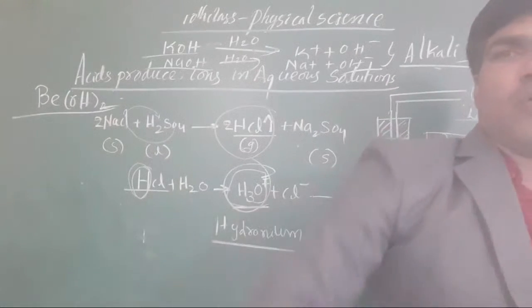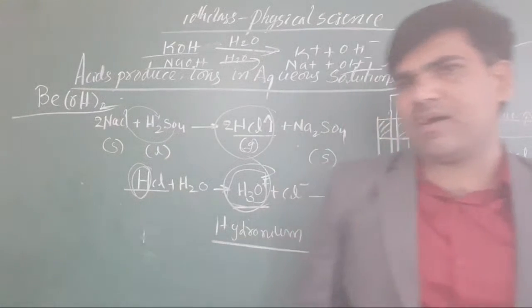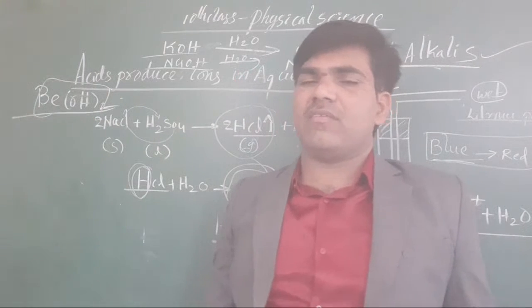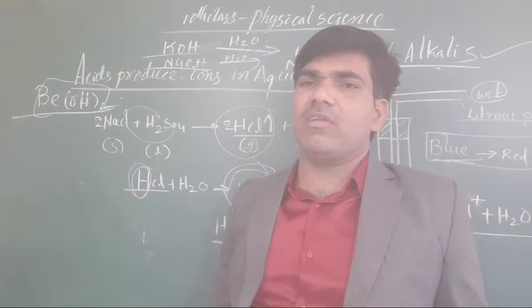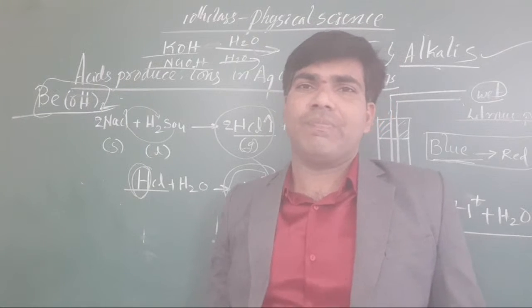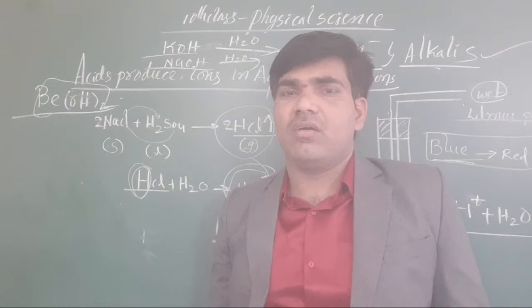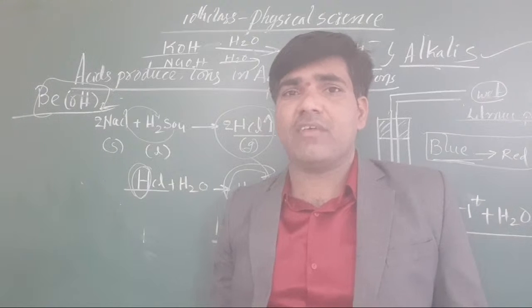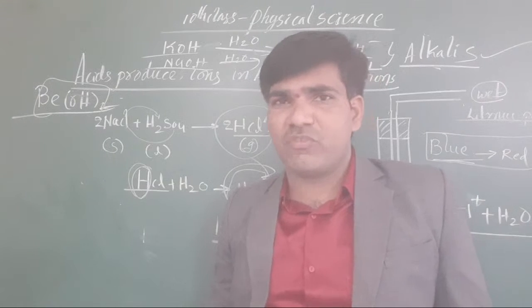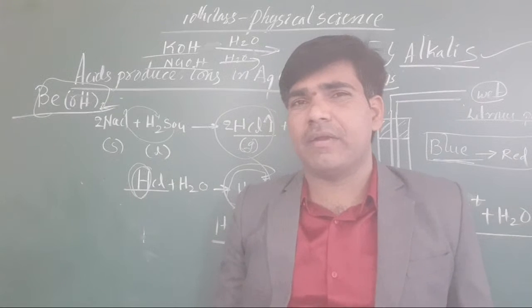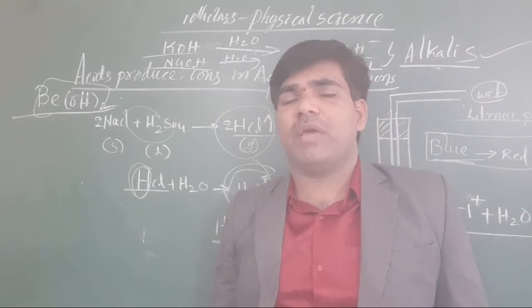The OH minus ions are not given when it is dissolved in the aqueous solution. That's why it is not called an alkali solution. The question may ask this for the bits purpose. Be concentrated on the bits. Most probably in every paper, 30 bits may come for you.